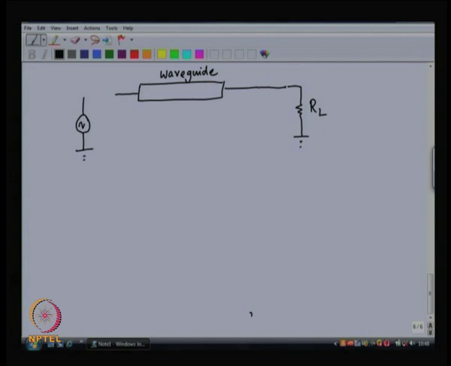Whenever I have a voltage source, I have drawn the transmit as a voltage source. It is really a power source, it is a source of power. So, typically you want to transmit as much power as possible, etcetera, does not matter.